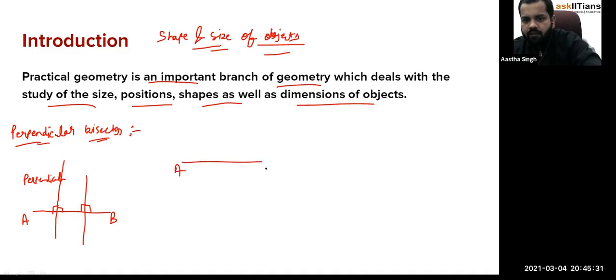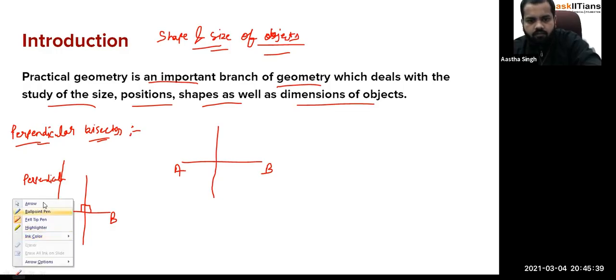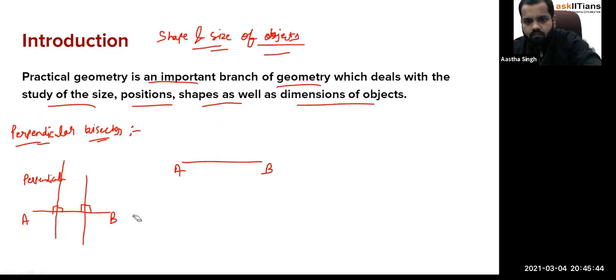Let's say this is A and B. If this is your perpendicular, and it is also a bisector, bisector means it will divide AB at, let's say, the point M. It means that AM will be equal to MB.